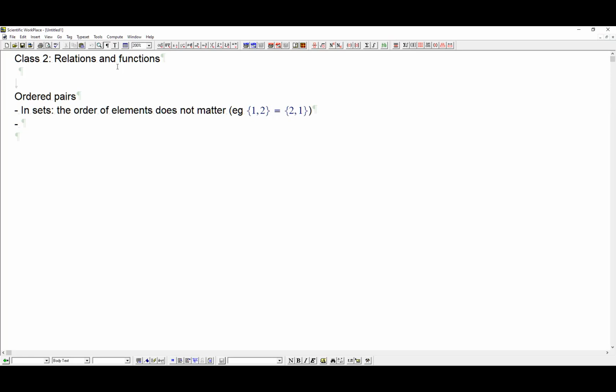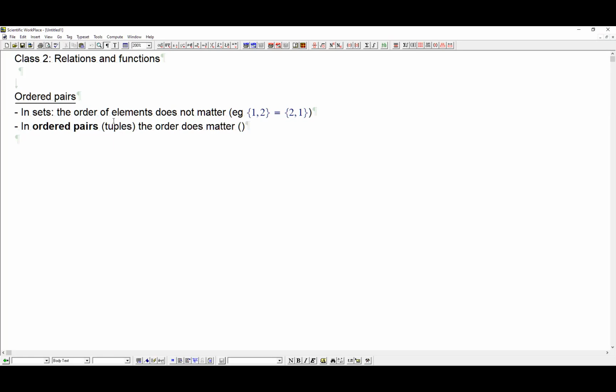But in ordered pairs, or I would say tuples, sometimes you may hear, the order does matter.